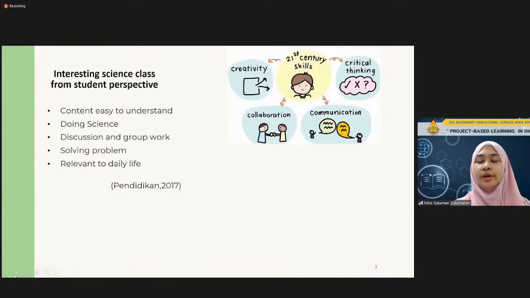In the same way with modern education, we would like to promote the students to have many skills according to the 21st century skills, such as critical thinking, communication, collaboration, and creativity.